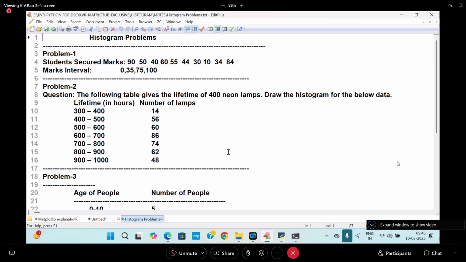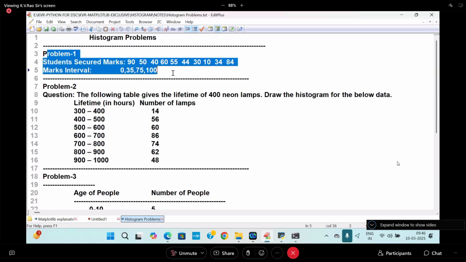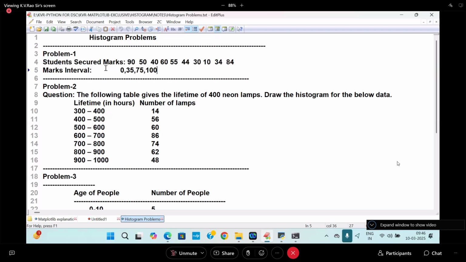Look at that. Of course, that is very simple. Problem number one, dead easy, right? Some marks secured are this much. 0 to 35, 35 to 75, 75 to 100. That is, 0 to 34 only, 35 to 74, and 75 to 100. The last one, 100, is also included. Understand?